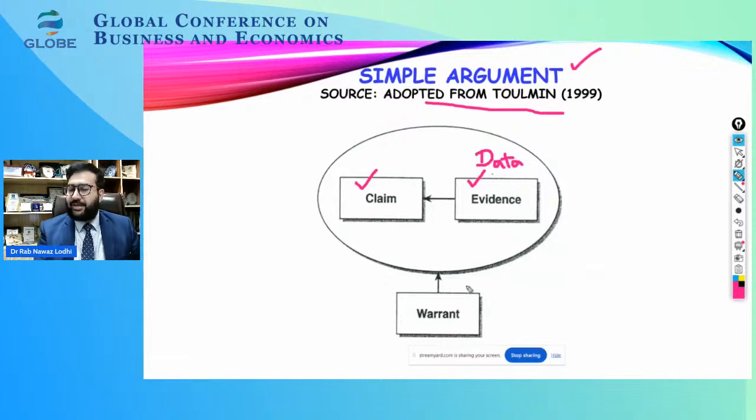And then warrant is the logical link which strengthens the relationship between claim and evidence. So we provide one more statement, one more logic, one more connecting statement, or maybe connecting data or connecting evidence, to link the claim with the evidence, right? So that would be the warrant. Warrant will be the additional evidence, right? So in this way, as a whole, this is the complete argument in the literature review. So I will connect it with the literature review, right?